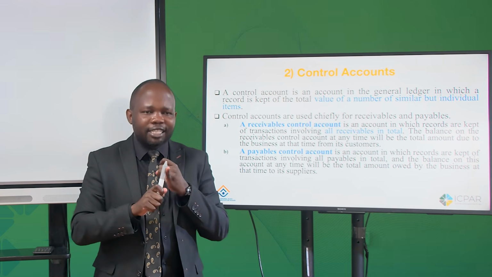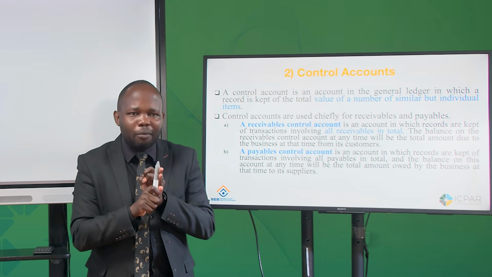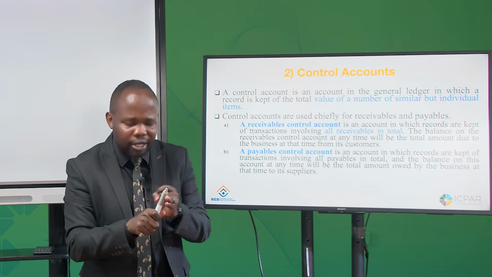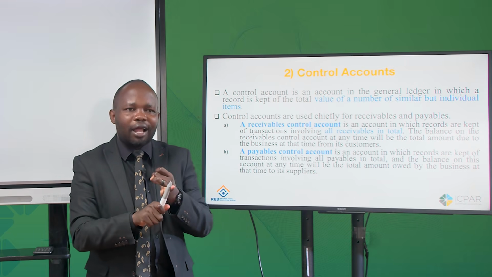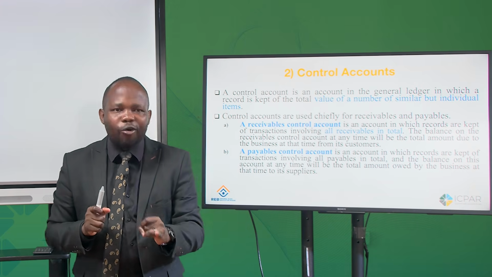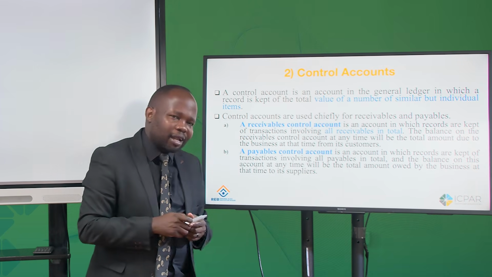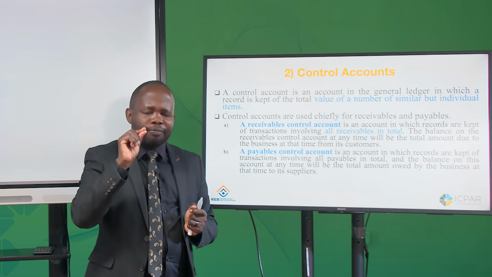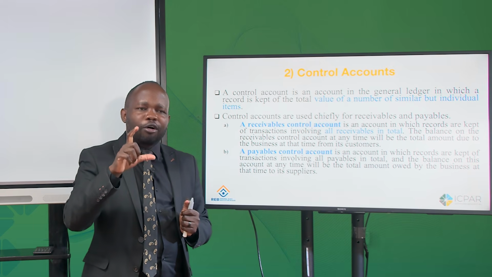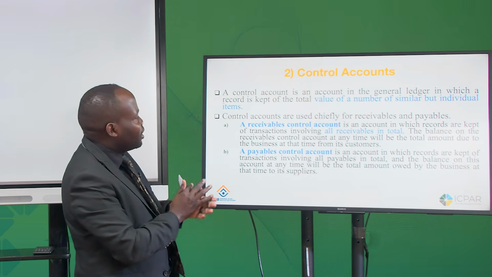Number one, receivables control account, and number two, payables control account. Receivables control account is also called sales control account or debtors control account. Payables control account is also called purchases control account or creditors control account.